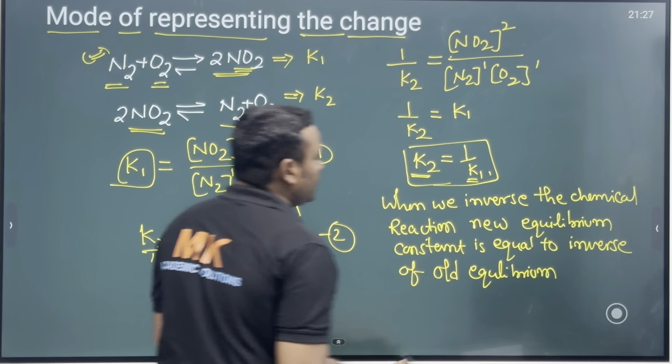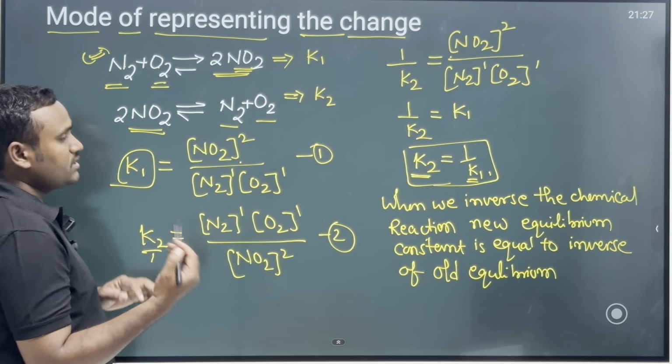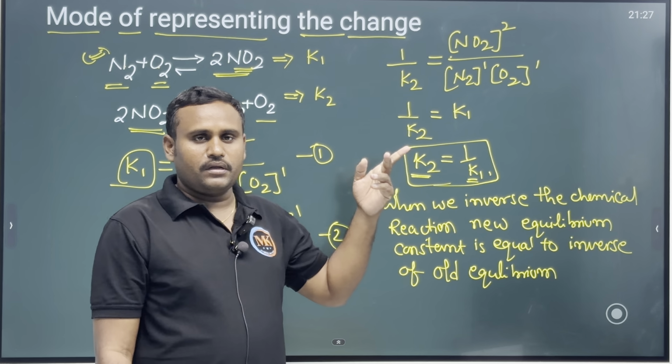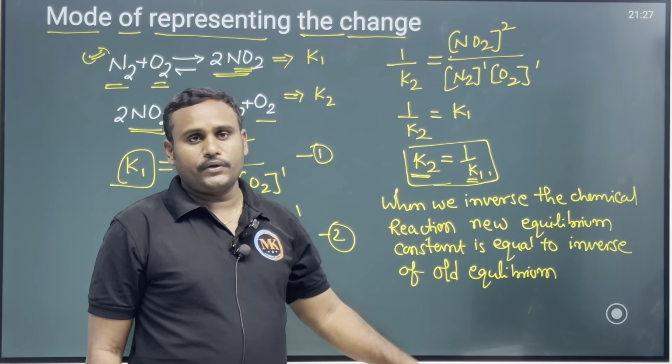Okay, this is the statement you can remember. This is the mode of writing the equation: if you inverse the chemical reaction, the equilibrium constant is also going to be inverse.